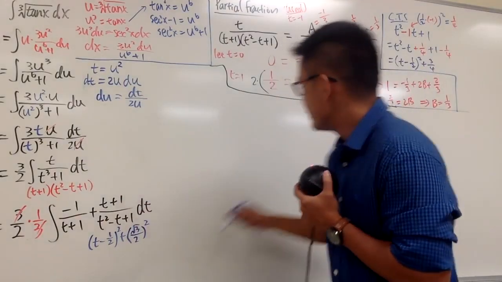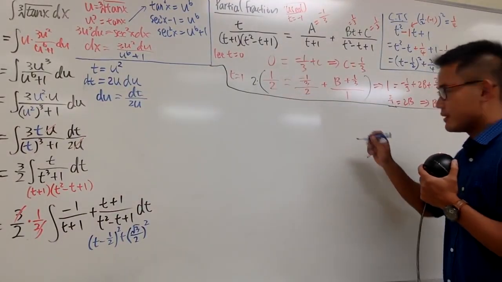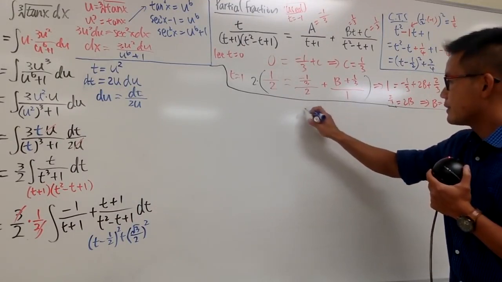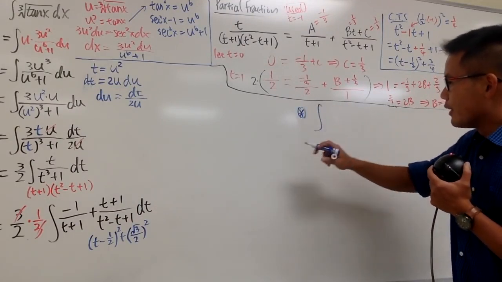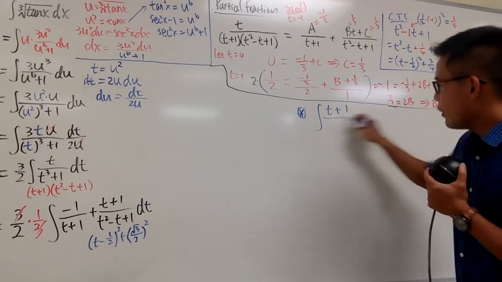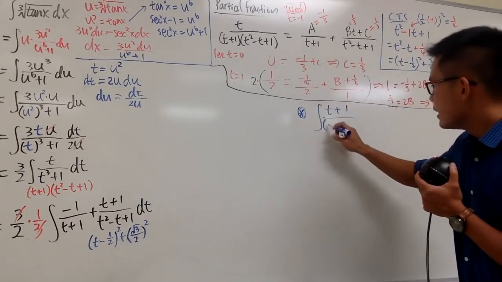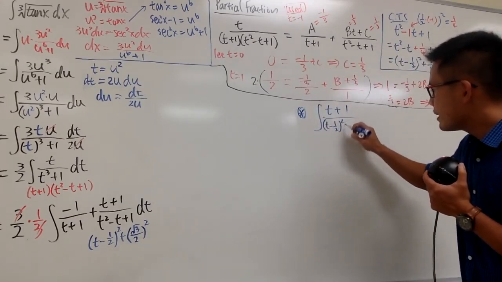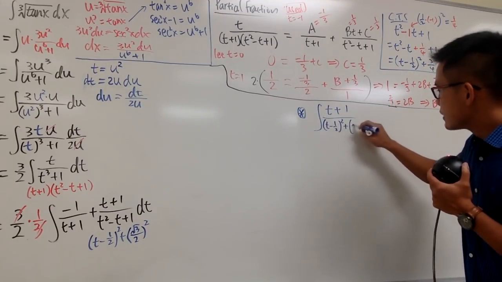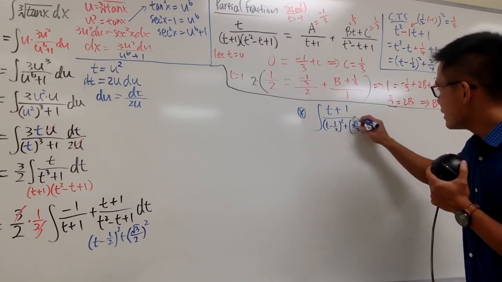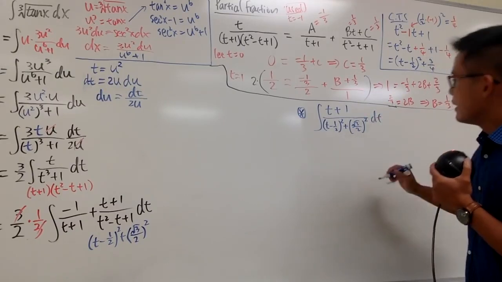So to integrate this guy, let me just put it down here. Integral of t plus 1 over, for the denominator, t minus 1/2 squared plus square root of 3/2 squared, and then we have the dt right here, right?